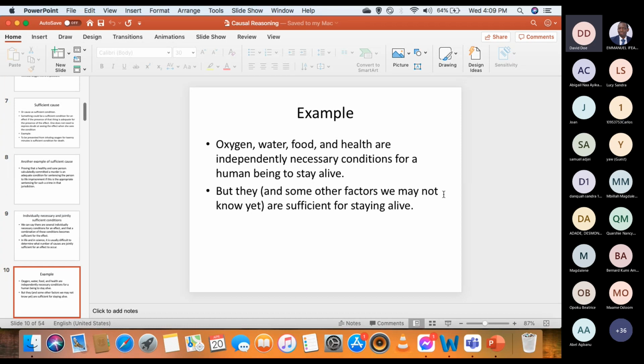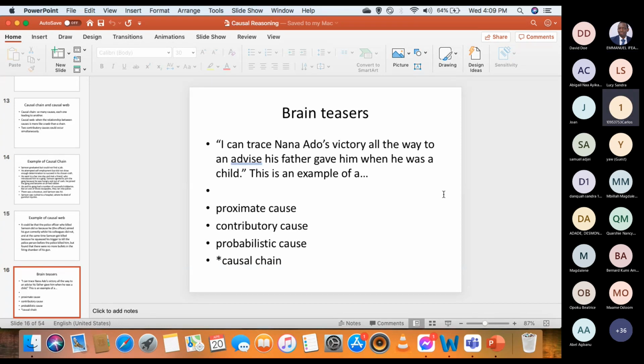Sir, last one on this issue. Can we say that any cause at all, at any point in time, could be a probabilistic cause?